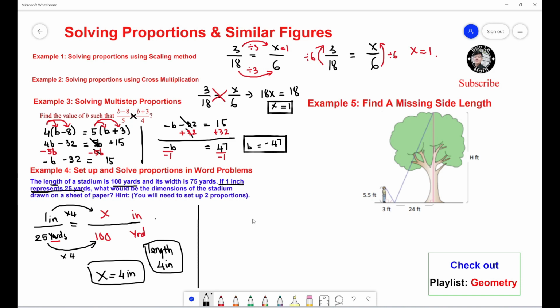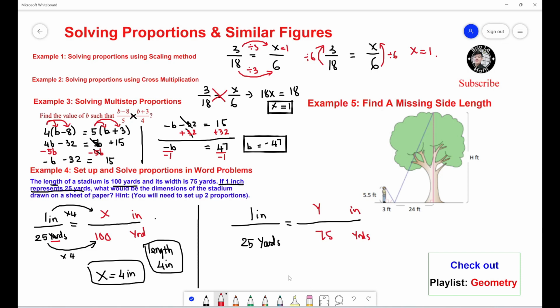On the right hand side, you set up the same proportion. So you have 1 inch over 25 yards equals. Right here, this is inch, you need to put inch right here. This is yard, you need to put yards right here. So you see the width is going to be 75 yards, so you put 75 right here. Now you need to put y right here.